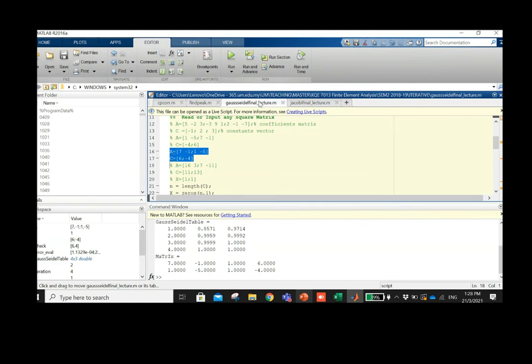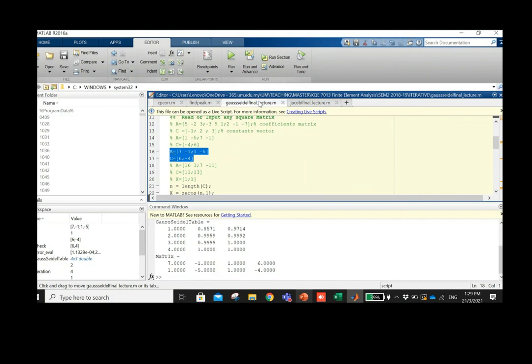For direct methods, you can use Gauss elimination, which we have learned since secondary school, or LU decomposition, lower triangular and upper triangular, which involves a little bit of computation to build the L matrix and U matrix.